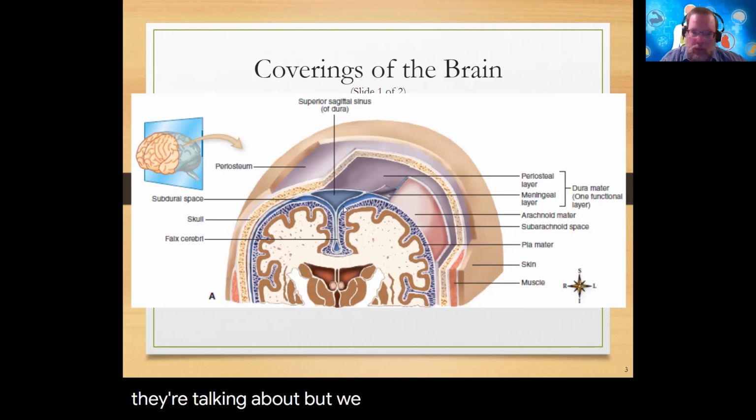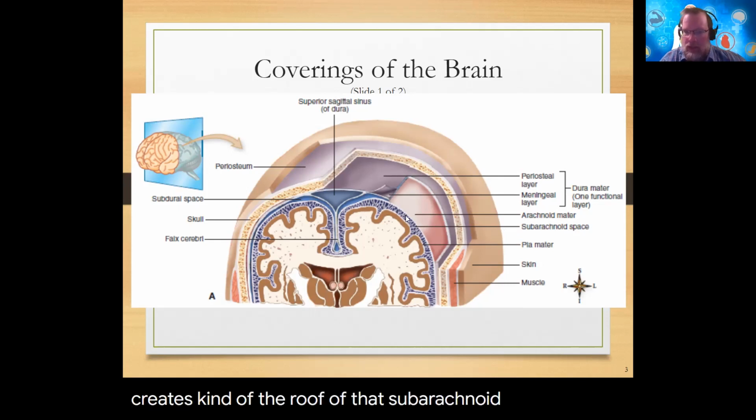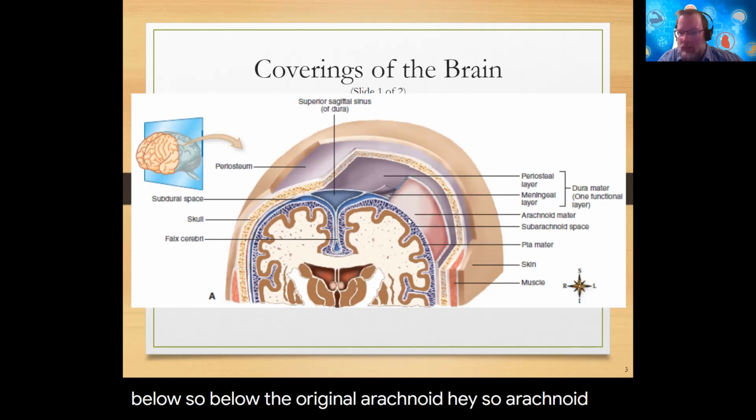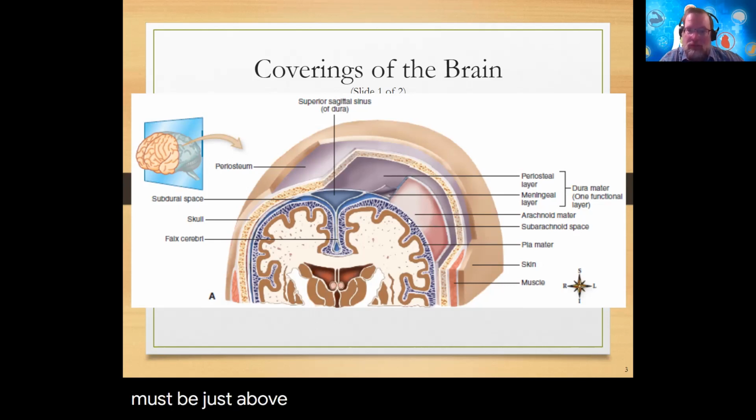But we know that we are in a space there, and that space has a webbing. The layer that creates the roof of that subarachnoid space is, of course, the arachnoid mater. Sub means below, so below the arachnoid. So arachnoid must be just above, or superficial to, the subarachnoid space.